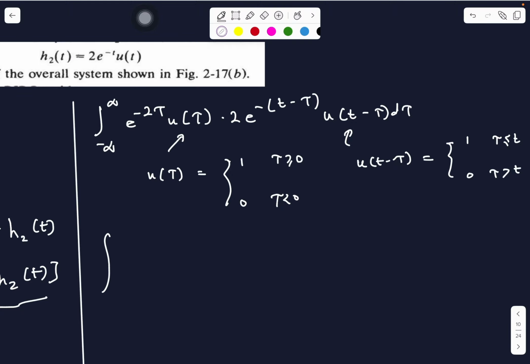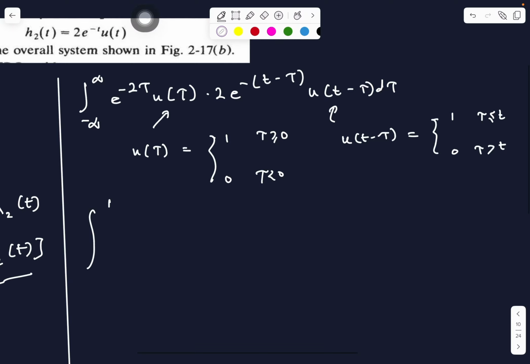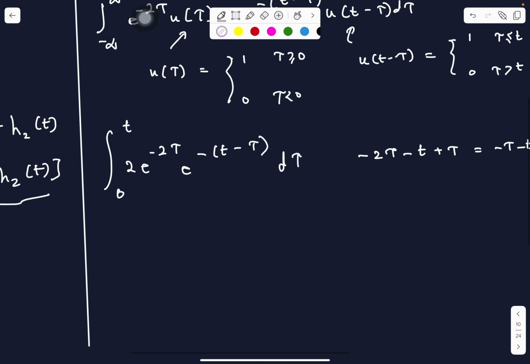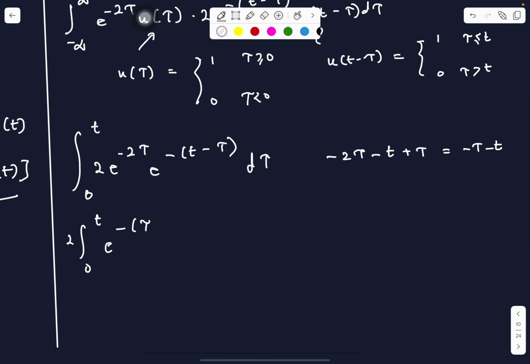So the upper limit must be t, and the lower limit must be 0. Then we can get rid of the u of t's, and then we can just add the exponents. Negative 2 tau minus t plus tau is equal to minus tau minus t. So it's the integral from 0 to t of 2 exponent negative tau minus t d tau, which is equal to minus 2.